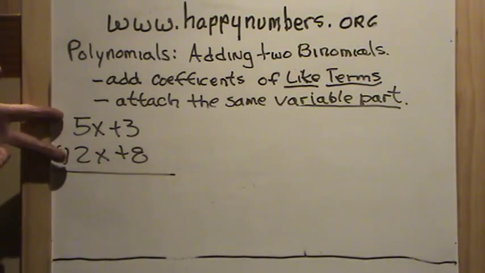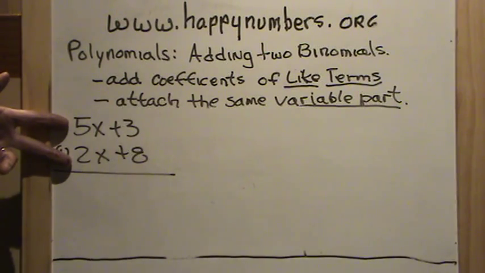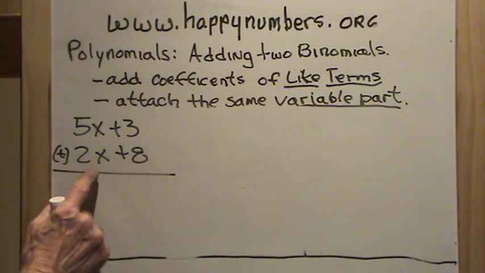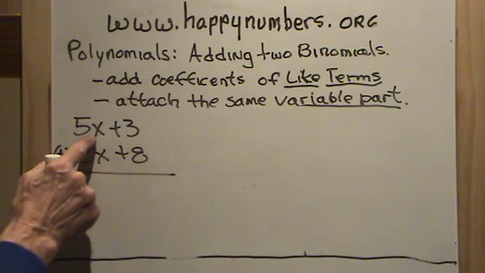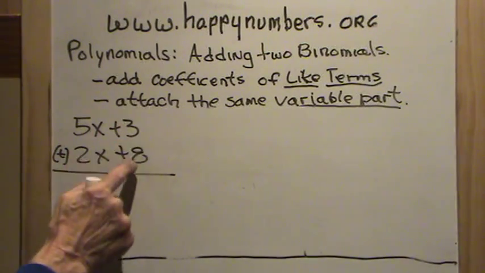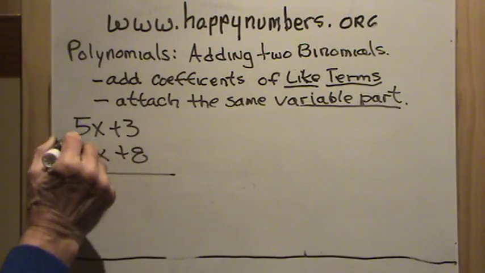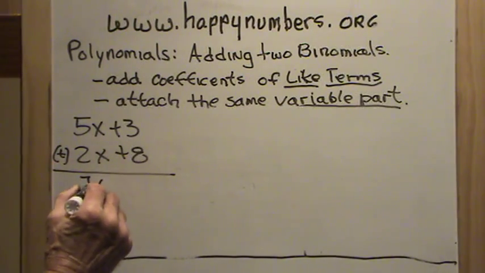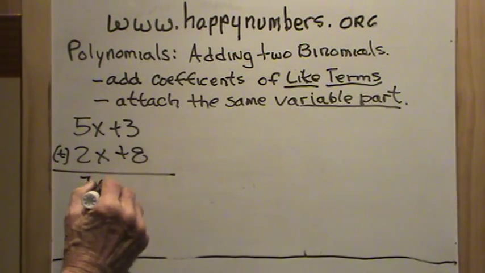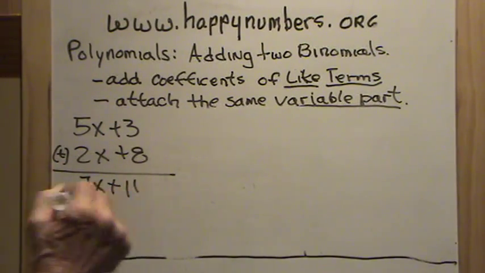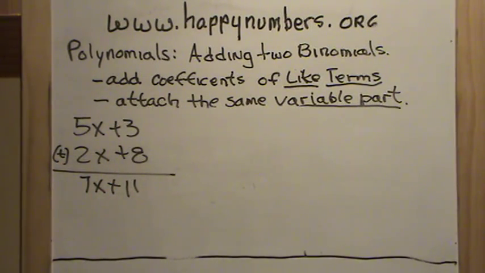And again, this is two binomials. These are like terms because their variable parts are the same, and so are these. So we just combine them. 5 and 2 is 7. 7x, we use the same variable part. 3 and 8 is 11. Excellent. Well, suppose we had a problem like this.